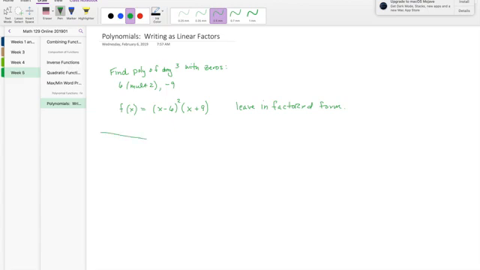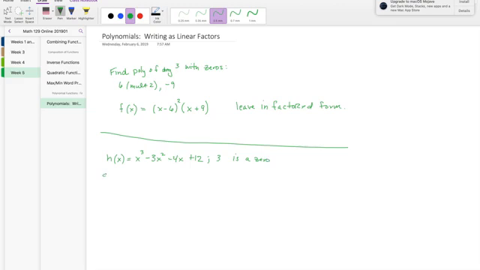Now the next kind of example that you'll see, it will say, okay, let's take a polynomial, we'll say h of x is equal to x cubed minus 3x squared minus 4x plus 12. 3 is a 0.